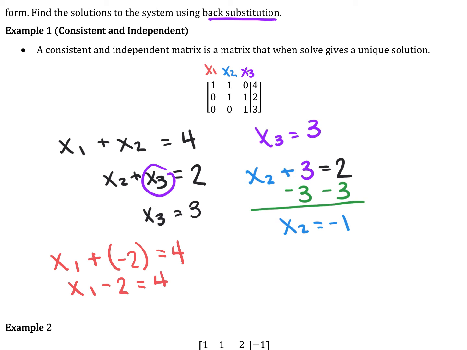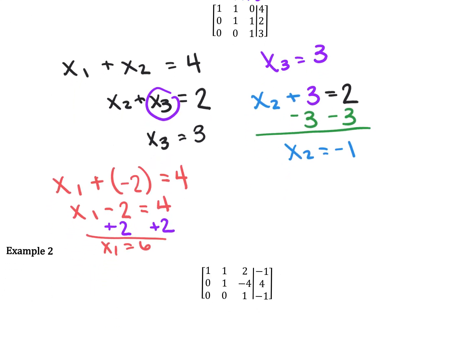Solving for x1, I'm going to add 1 to both sides, and I get x1 is equal to 5. So now I get this unique solution, and we can write it as a point: x1 is 6, x2 is -1, and x3 is 3.